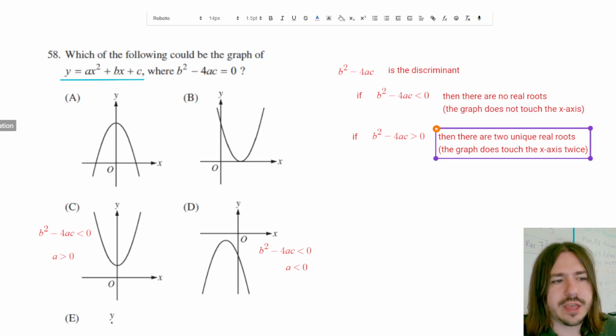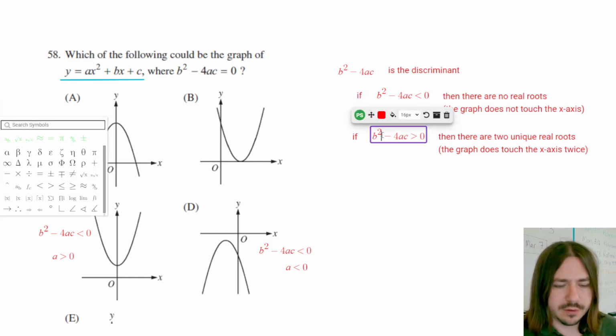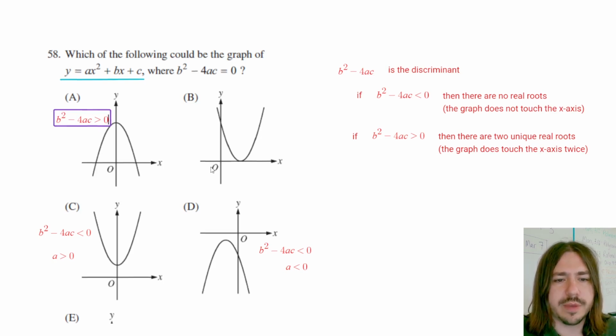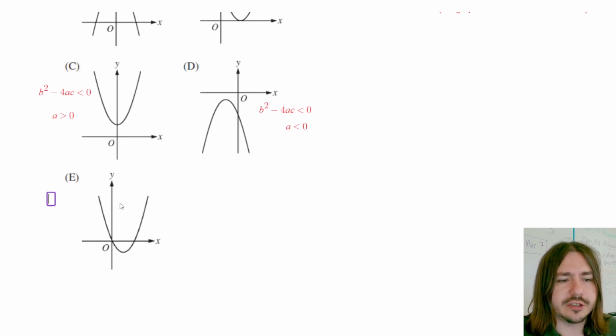Okay, so if we're looking at the different choices here, choice A, you can see that the graph is touching the x-axis twice, so we know the discriminant's positive there. B, it's only touching once. We'll come back to B. And on E, it's touching twice as well. You can see we've got an x-intercept here, an x-intercept here, so we can say that the discriminant will be positive.